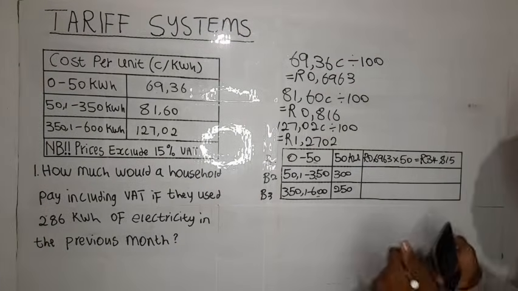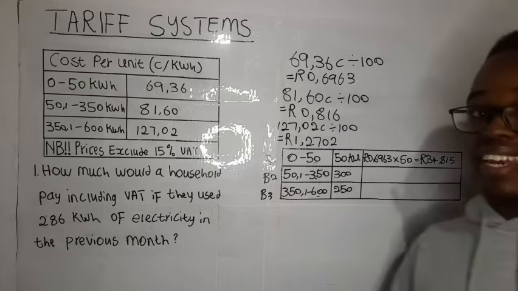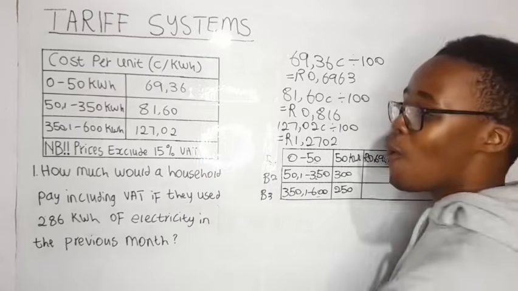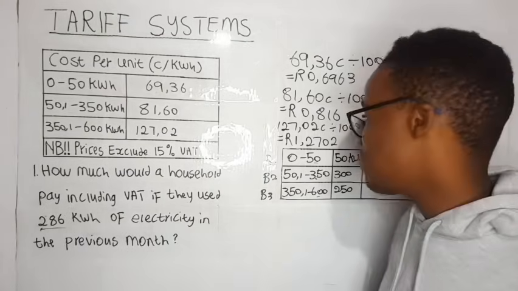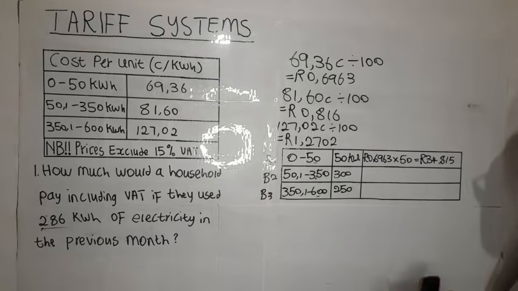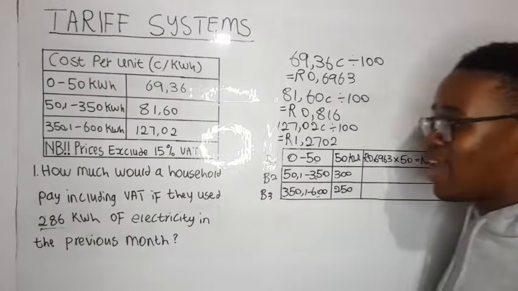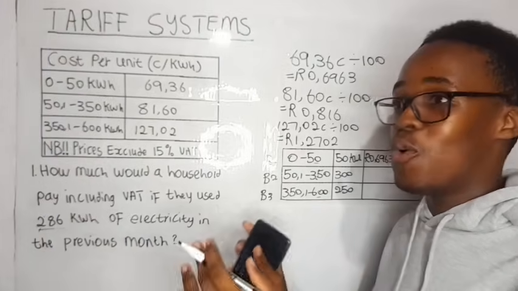So the same thing happens. You go to the next block, but the problem comes here. Now you have to be careful. Remember, we're calculating the amount for only 286 kilowatts of electricity. But here our interval is 300, which is more than 286. So please do this somewhere beside or on your scribbler.